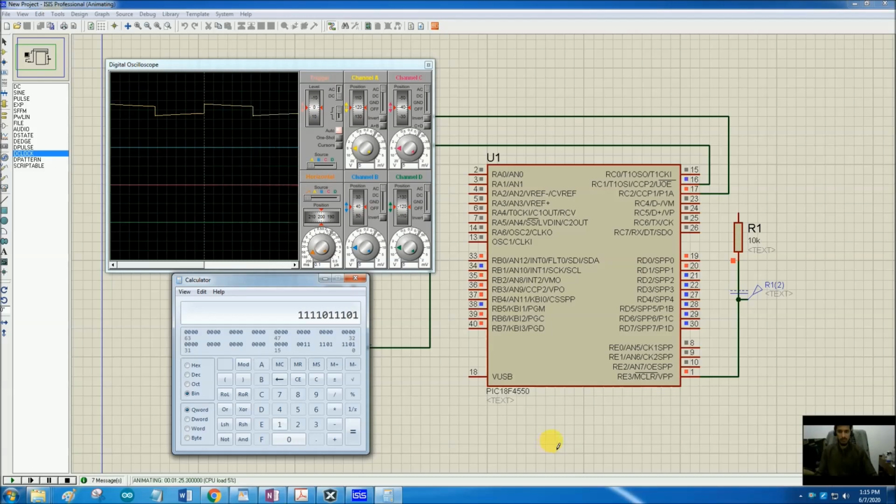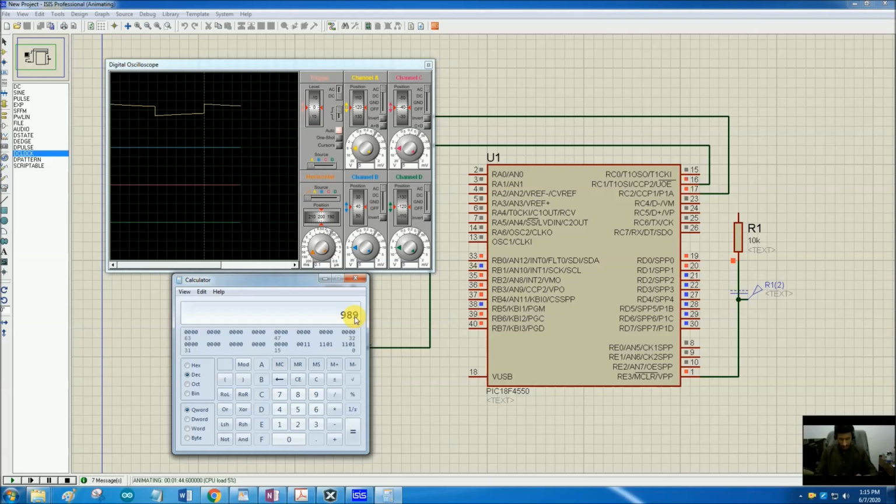This is the value that we are getting on our port D and port B, and these are the number of counts that we have from one high to low transition to the second high to low transition. So this is the complete period of this unknown waveform. Let's convert it to decimal. That this is 989.